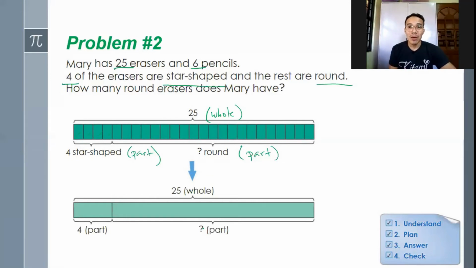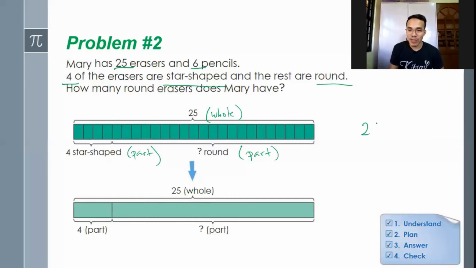So it's really important to translate your problem into a model. It's really important to draw a model based on the problem, because the bar model will tell you what operation you are going to use.